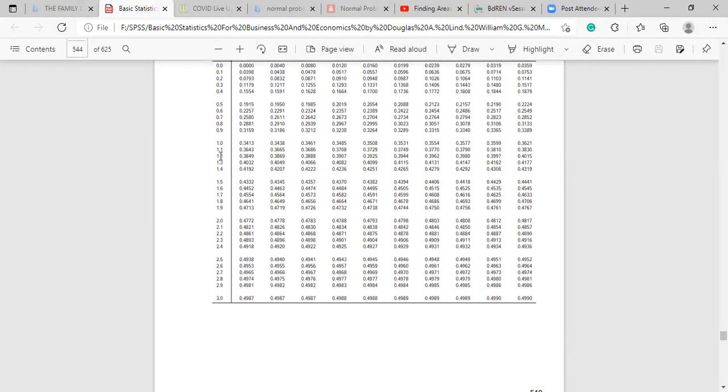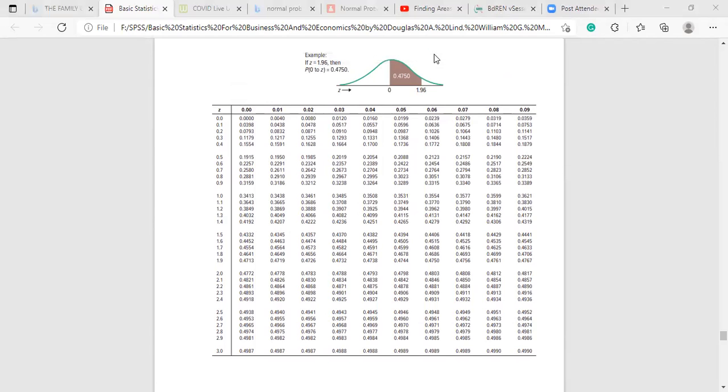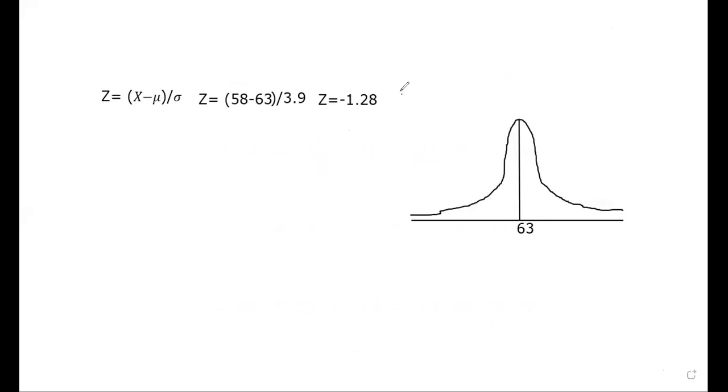You can see here 1.2 and our value is 8. So we use 0.3997 as the statistical value for minus 1.28. What do we see here on the graph? We'll use 0.3997.